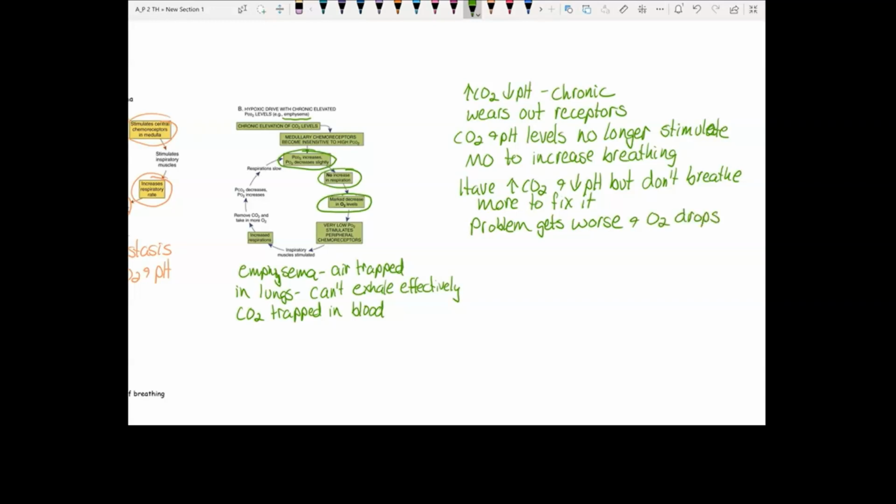Well, now your oxygen can actually drop low enough that you stimulate those receptors that only respond to very low oxygen.